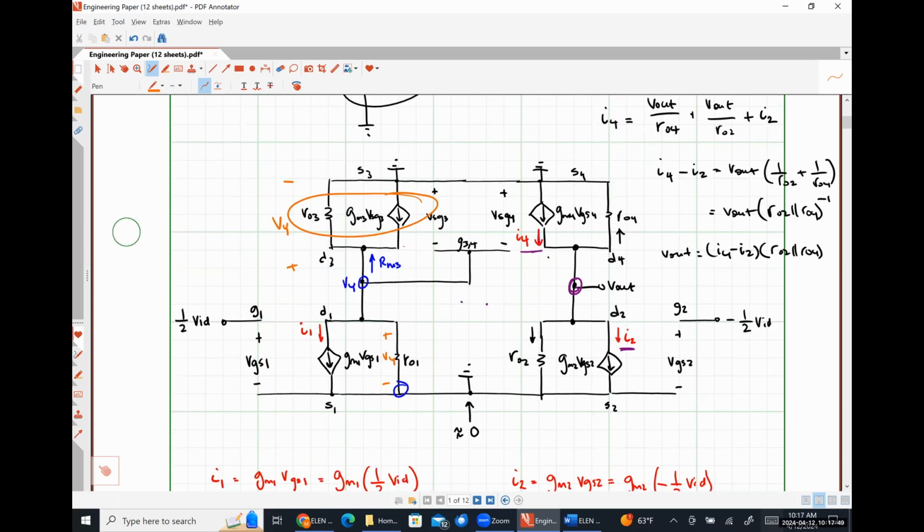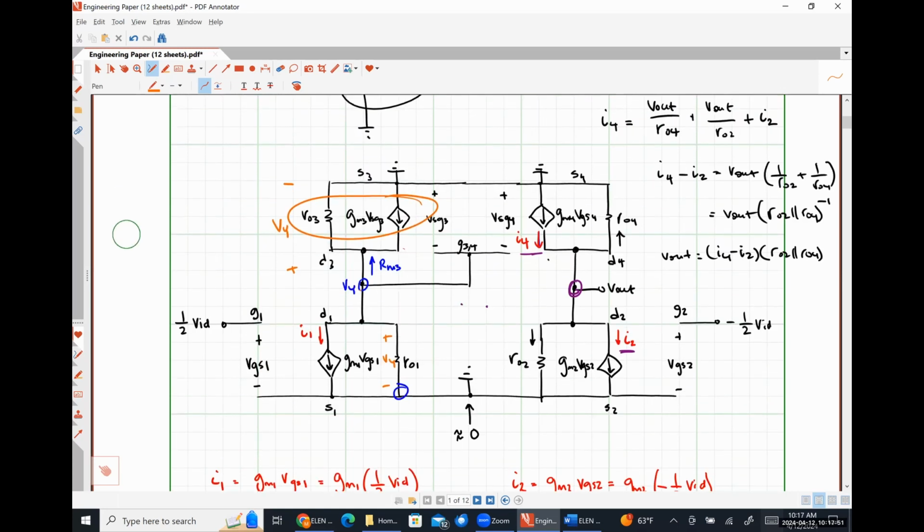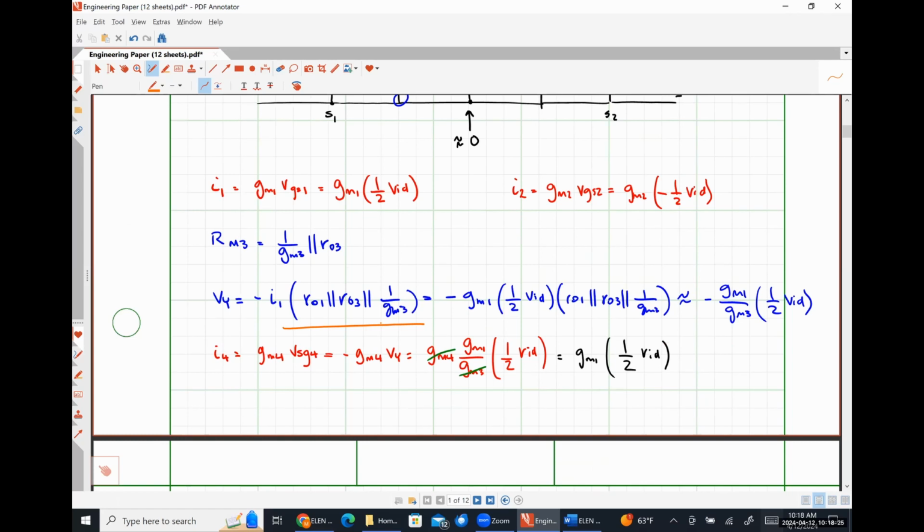So we could say that the current flowing out would be I1 plus Vy divided by R01 in parallel with R03 in parallel with 1 over GM3, which could be rearranged to find that Vy is just negative I1 times that resistance, which is literally what I have right here.